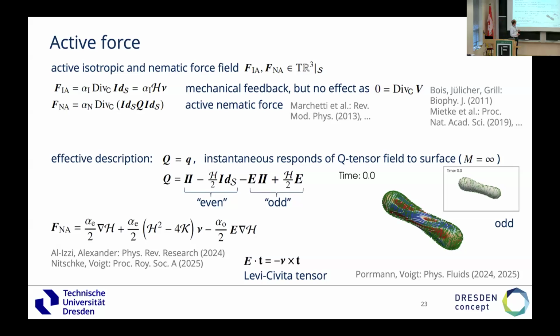And what is plotted here is this active odd force. So due to this change in mean curvature, this is in opposite direction on both ends. So the active force is again going in this opposite direction.